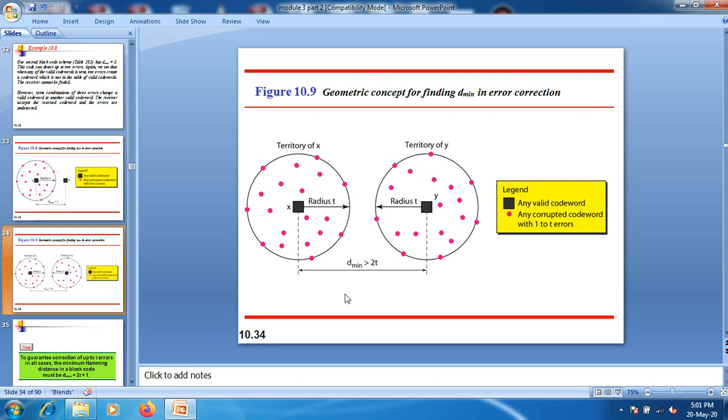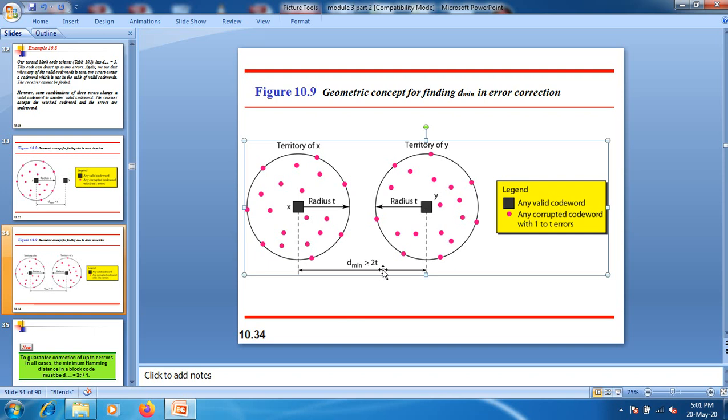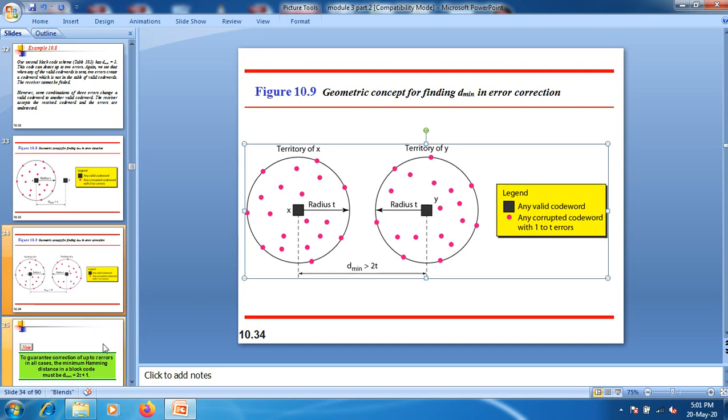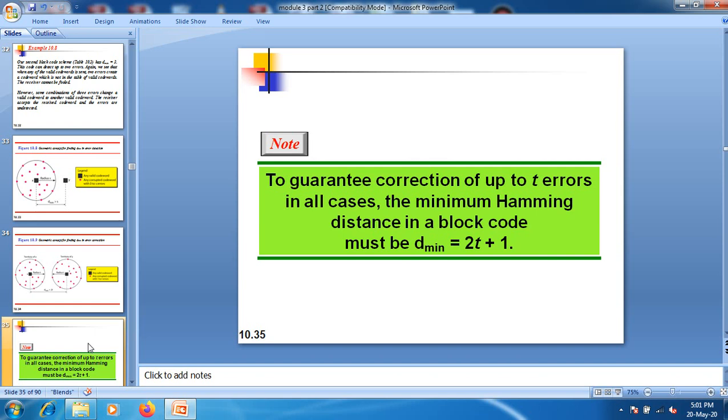In that case, to correct t number of errors, the Hamming distance between these two code words should and must be greater than 2t, in the sense d minimum should and must be equal to 2t plus 1 here. Then only are we able to correct t number of errors. To guarantee the correction of up to t errors, in all cases the minimum Hamming distance in a block code must be d minimum equal to 2t plus 1.